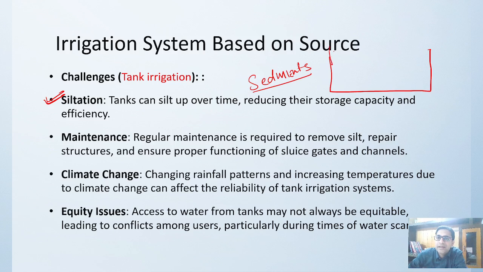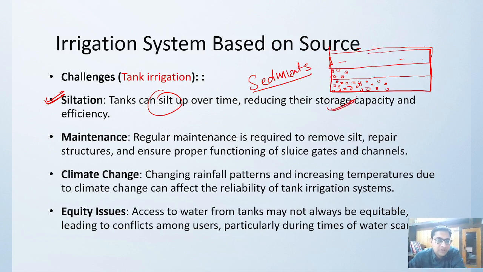Earlier you could fill this tank till here, but slowly the sediment started building on the bottom. Now you can fill the water till here only. And if the sediment reaches this level, now you can fill the water only till here. So slowly, over years of usage, the silt gets deposited. So it reduces the storage capacity.